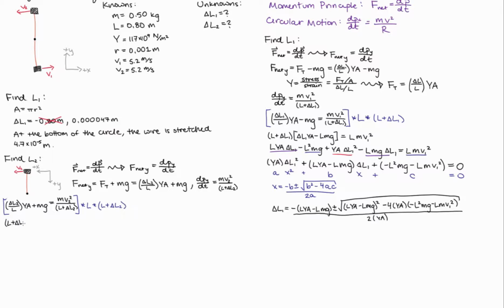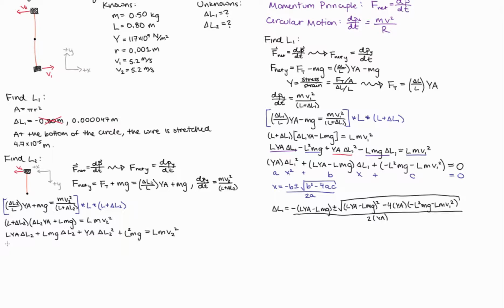The left-hand side becomes the quantity L plus delta L2 times the quantity delta L2 YA plus Lmg, which we expand to LYA delta L2 plus Lmg delta L2 plus YA delta L2 squared plus L squared mg, equal to Lmv2 squared.